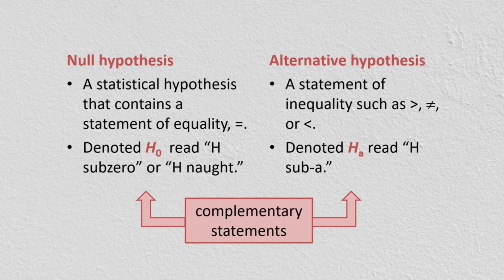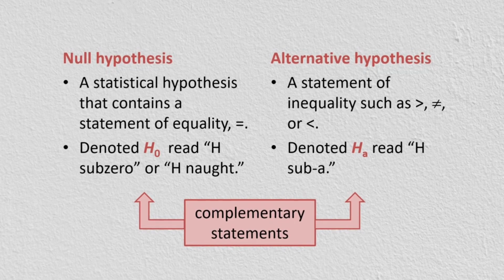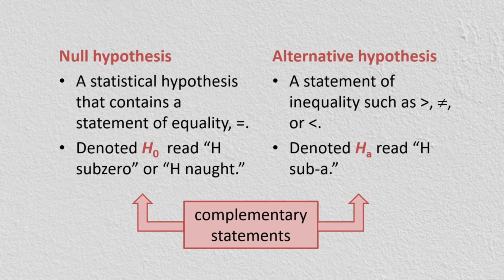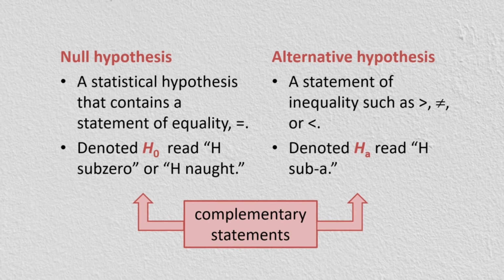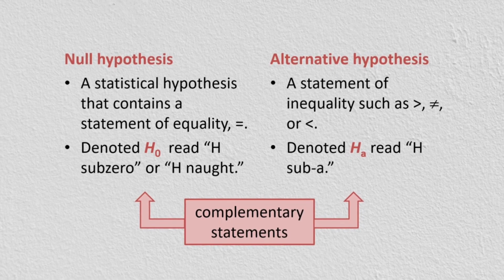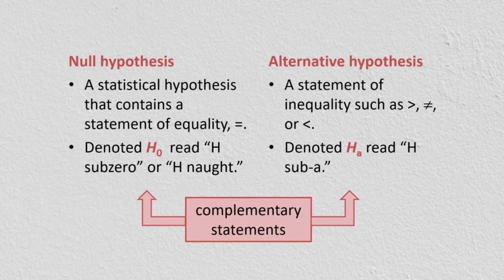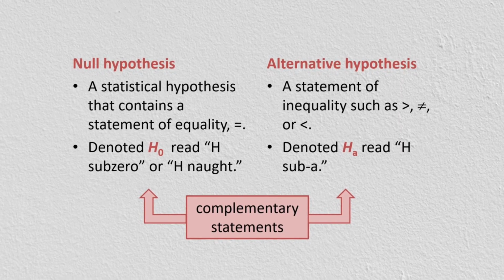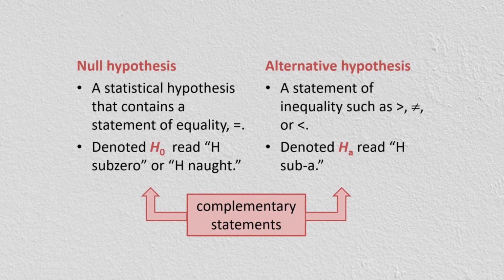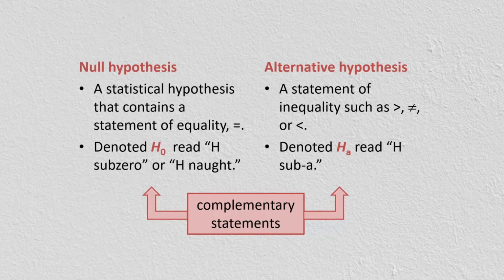And when you are going to talk about the alternative hypothesis, a statement of inequality, such as greater than or less than, denoted by HA or H1, read as H sub A. So what we have observed is that we have a null hypothesis and an alternative hypothesis, and whenever we go for any statement or theory of testing, we have a pair of null and alternative, and these are known as complementary statements also. So if one is true, the other is false. If the other is false, one is true.